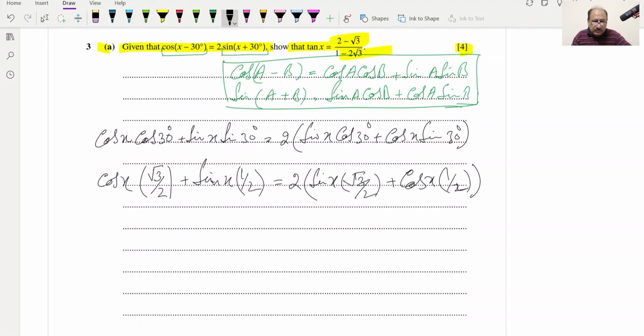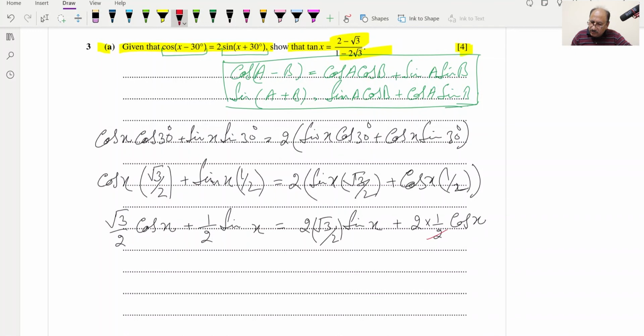Before cancellation, we can rewrite the equation as under root 3 by 2 cos x plus 1 by 2 sine x, and this is equal to 2 times under root 3 by 2 sine x plus 2 into 1 by 2, and this will be cos x.